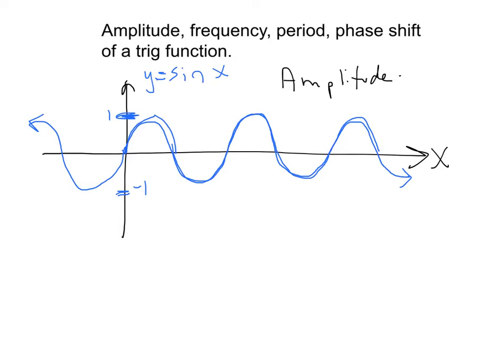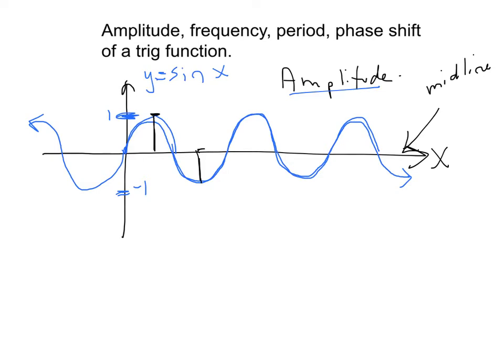So because of that, the amplitude is actually the difference between the x-axis, which is what we call the midline. The x-axis is the line y equals 0. And its peak, its highest point, or the midline and its lowest point, the absolute value.